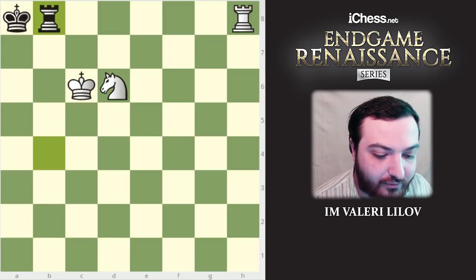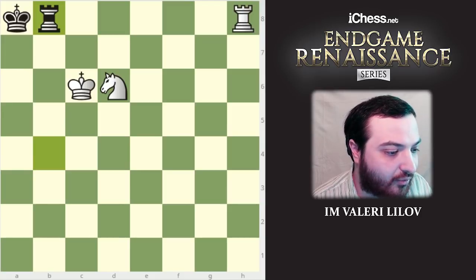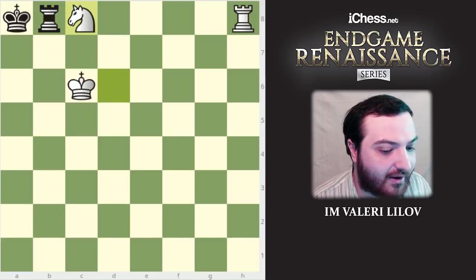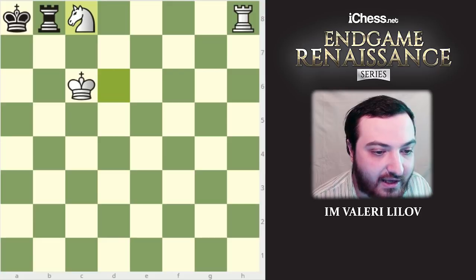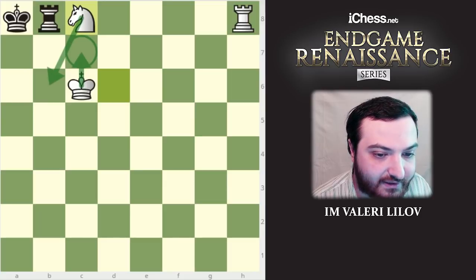Let's take a look. We've got the ability to play the move rook to h8, and now we have the possibility of knight c8. The black king is away. We have the ability to play king c7 or even knight b6 in this position. It's a really nice idea.